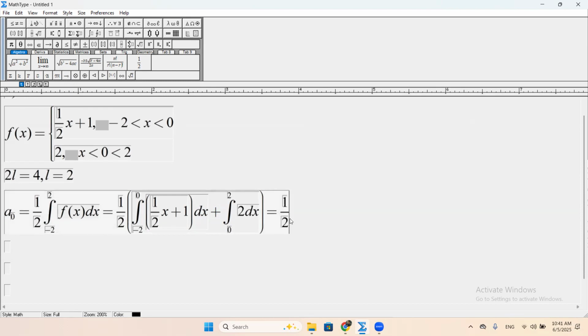So 1 over 2. And now calculating the integral.